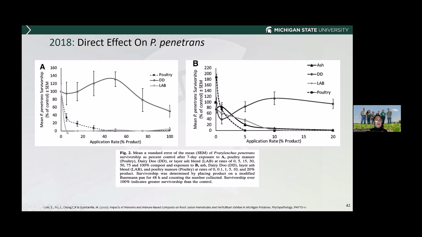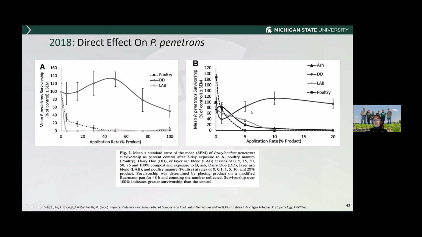You can see clearly that the layer ash blend from Morgan Composting pretty much eliminated all root lesion nematodes at a 5% concentration. Dairy Doo, which is a dairy manure, had almost no impact on root lesion nematode mortality. And the poultry manure was also very effective at reducing them.